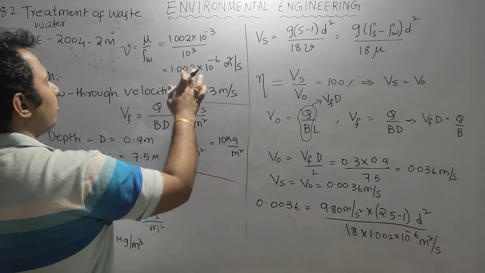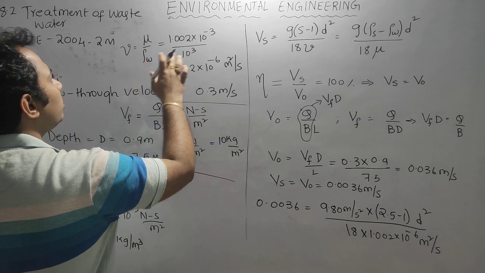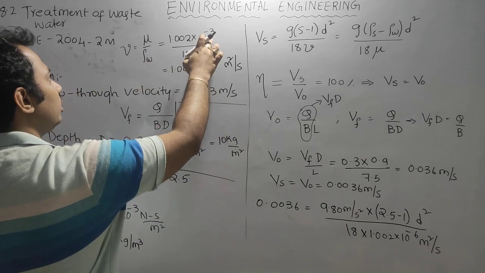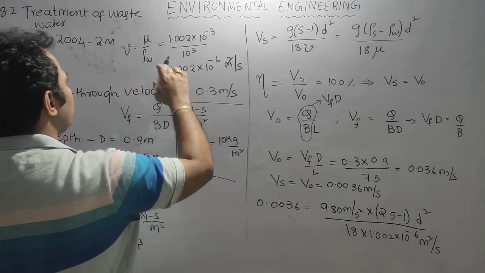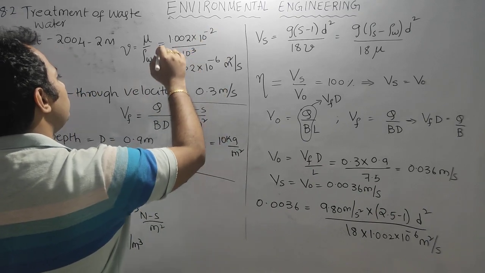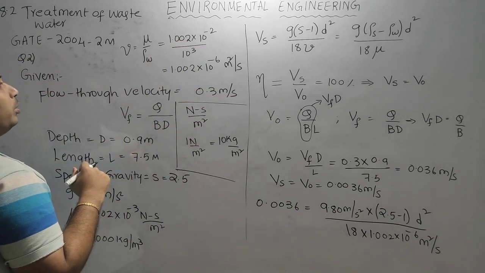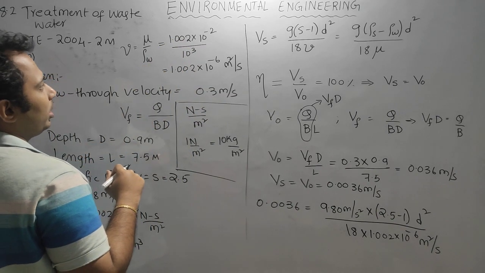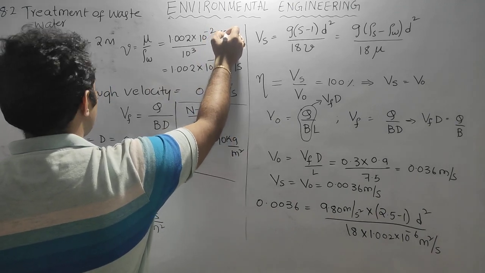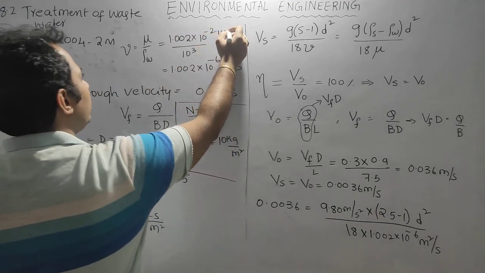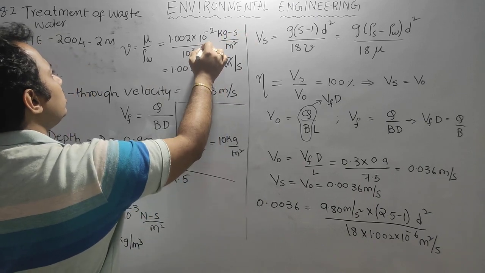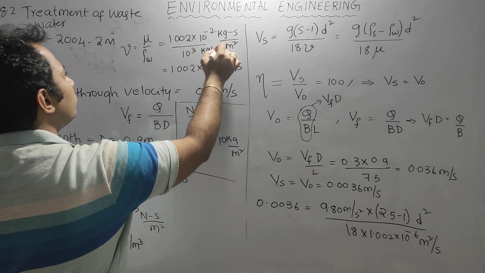If I want to convert this into kg per meter square, I need to multiply it with 10. So mu is equal to 1.002 into 10 to the power of minus 2 kg force second per meter square.